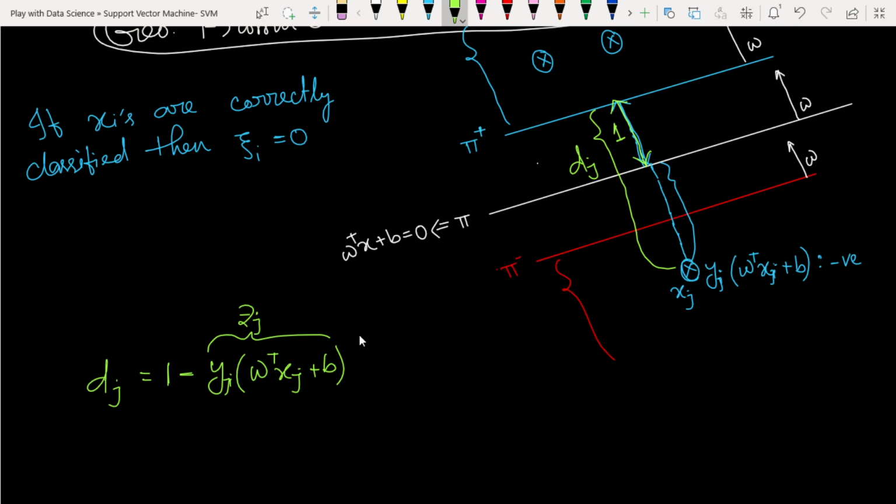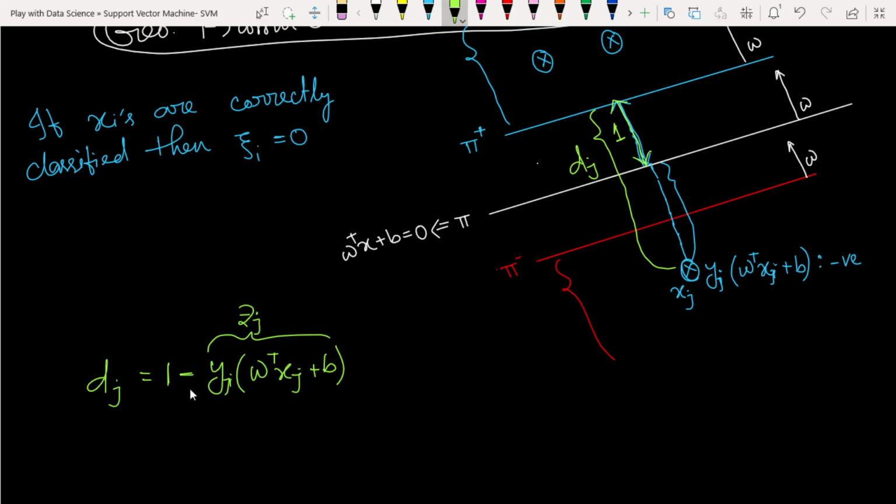So if you adjust this in sign, then you will always get this total distance to be positive, because 1 minus this one, and this thing is also negative, so negative minus negative is also positive. So the total dj will be positive. The distance is always positive, it is not a negative distance.